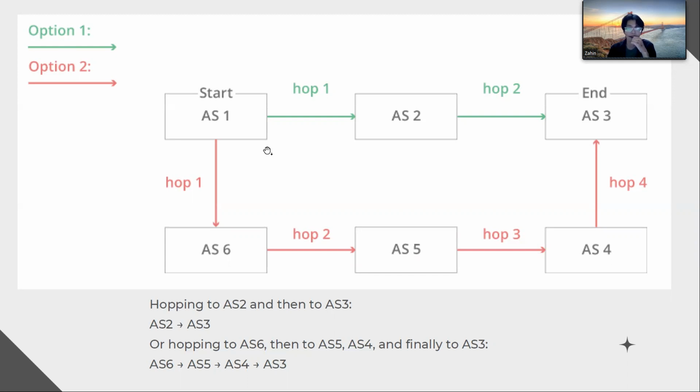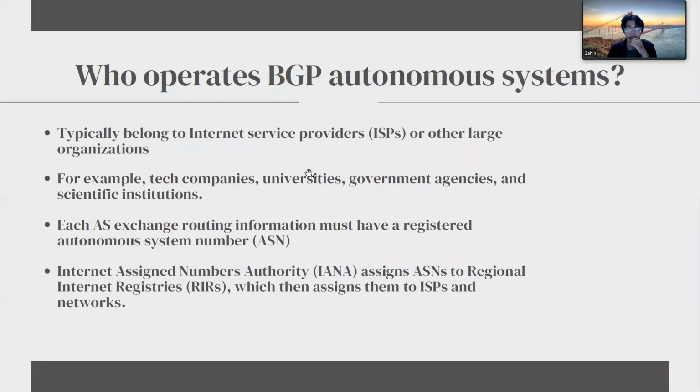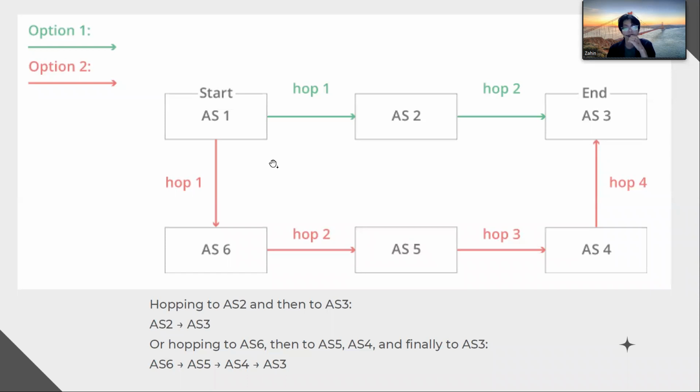So we can see how BGP is very helpful in making sure that the hops required to reach the destination between AS are fewer.